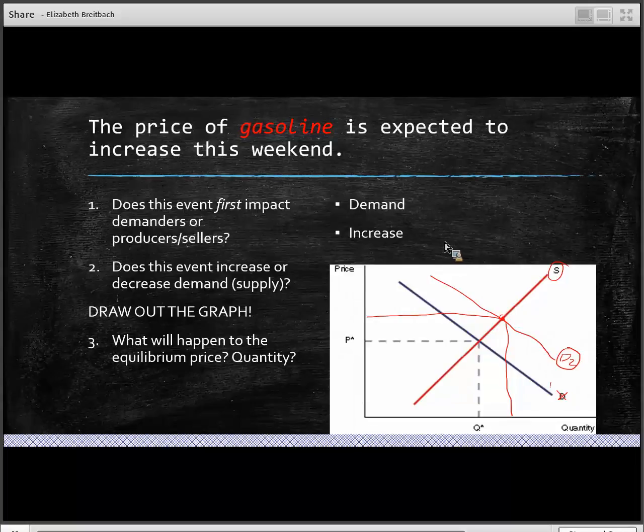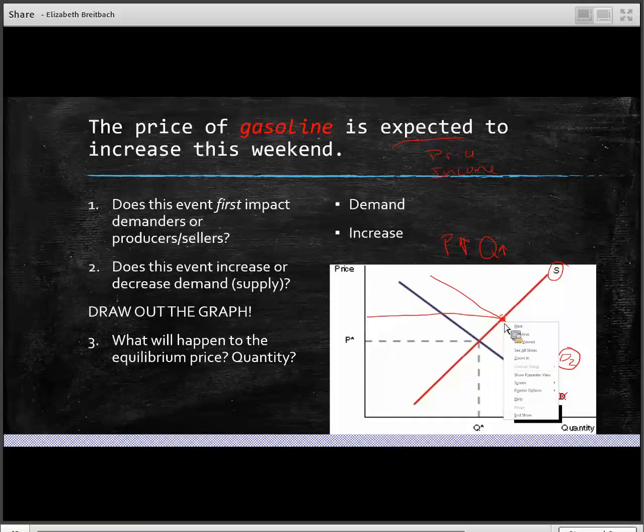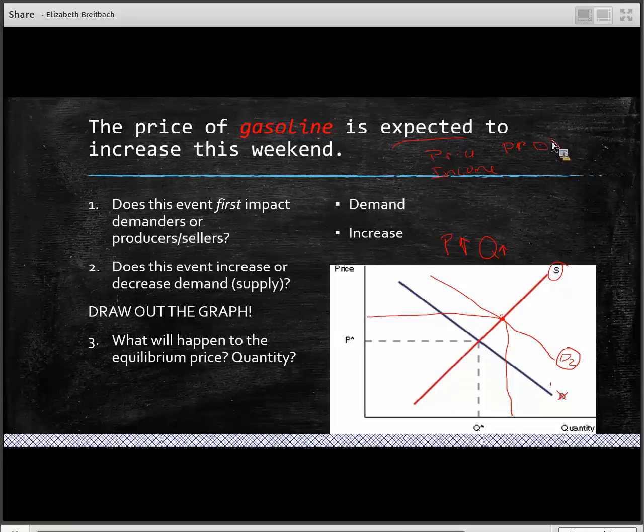Expectations of both future prices and future income become very important in looking at our demand curve and where it falls within the market. If we expect prices to increase in the future, then my demand today will increase. But if I think the price of gasoline is going to fall this weekend, then I'm going to wait and purchase my gasoline this weekend.